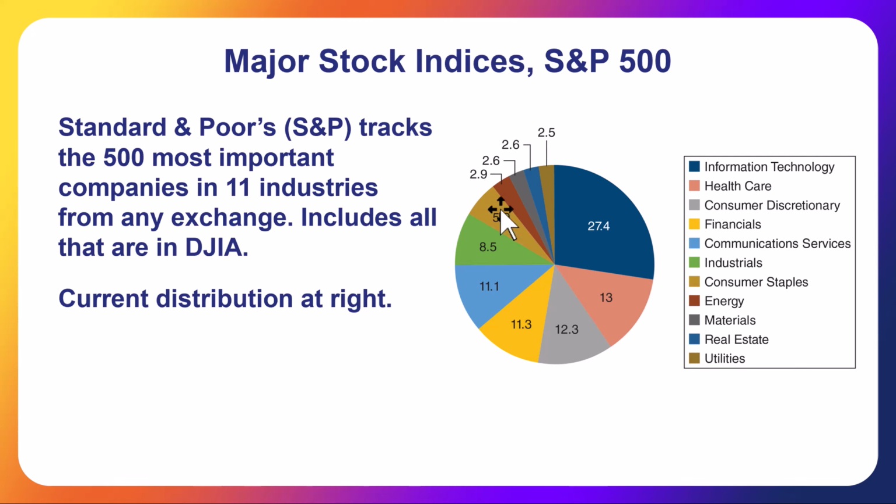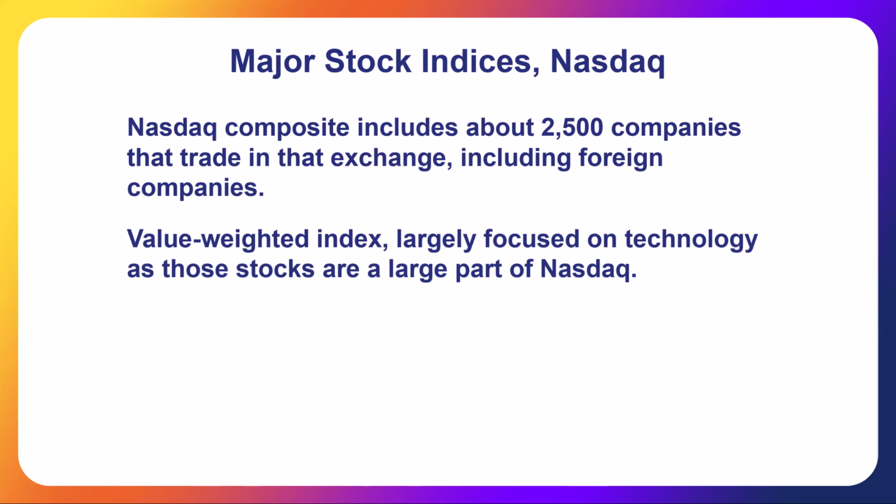And then we have these smaller divisions. So most of the value that we see changing in the S&P 500 relates to these major sectors that are represented. What about the NASDAQ?